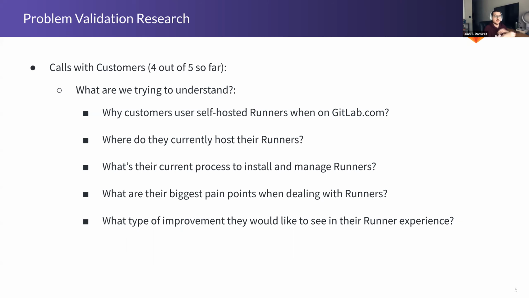So you don't need to worry about runners, because you can basically create an account on GitLab.com, write your GitLab CI YAML file, and then pipelines are going to run, because the shared GitLab runners are going to pick those jobs, right? But we have customers that, although they're on GitLab.com, say, no, I don't want those shared runners. I'm going to install my own runner in my own machine. Don't worry about it. And then they register the runner, and then they don't use the shared runners at all.